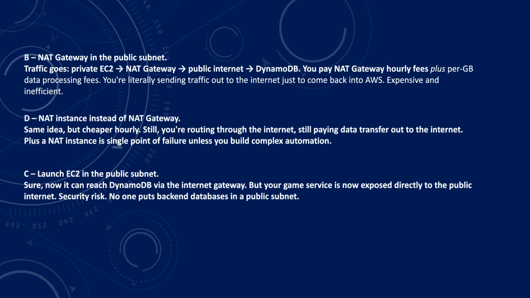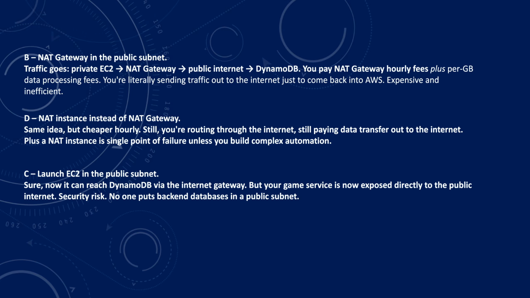The service installed on the EC2 instance will be directly exposed to the public internet. It will cause a security risk, and no one puts backend databases in the public subnet. Usually in companies, no one puts backend databases in the public subnet.